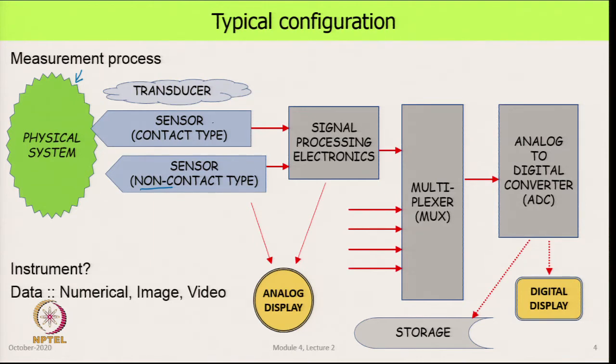So, this first part, the contact type one, this can influence the domain which is the object of measurement.